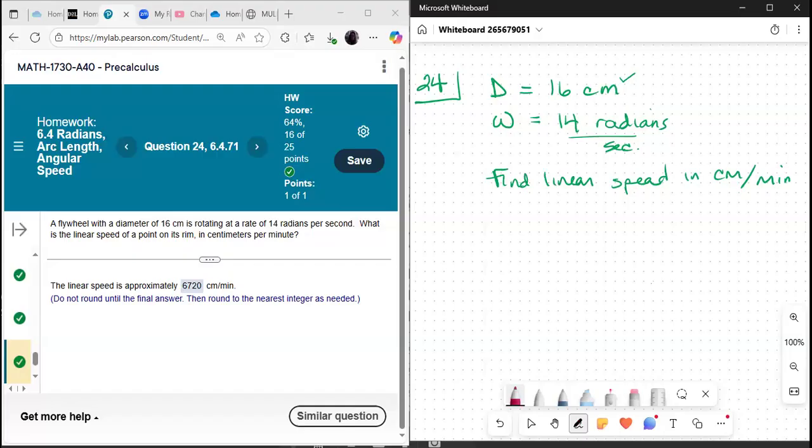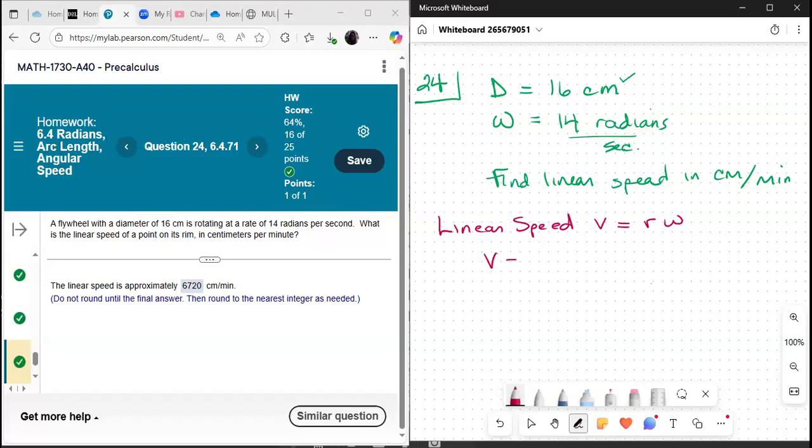So the linear speed formula is, that's usually v, velocity, is equal to the radius times the angular speed. Now we have diameter, but we need the radius. So the radius is half of that.